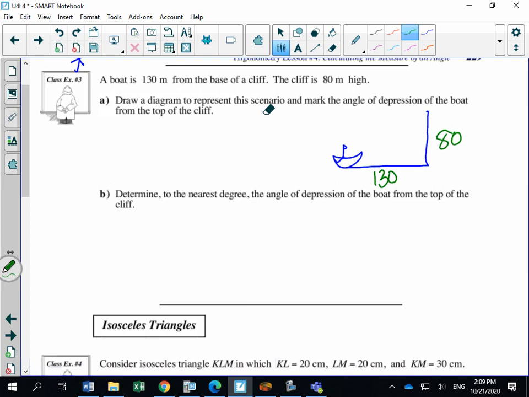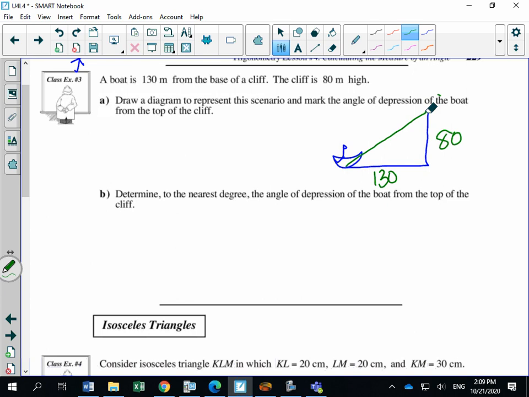Students have a hard time with this. So watch this. We know that this is the triangle here. So imagine that somebody is standing at the top of the cliff looking down at the boat. Put an X where you think the angle of depression is. So imagine somebody is staring down at the boat, but where should you always start?